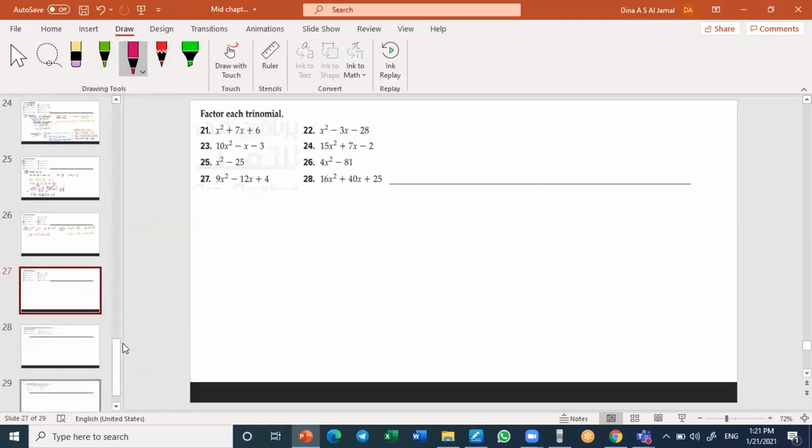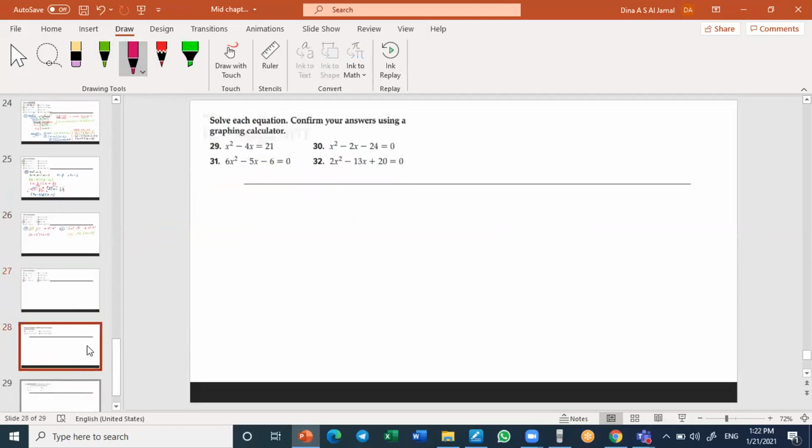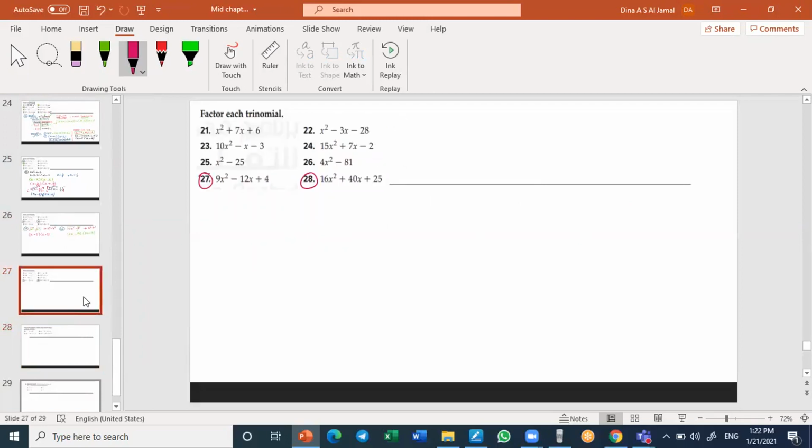So pay attention to 27 and 28. We are having trinomials. If we use the method of the book, we must check if these trinomials are perfect squares or not.